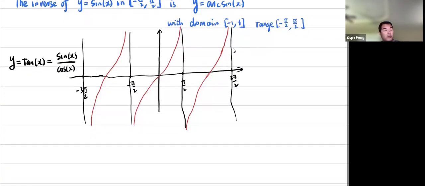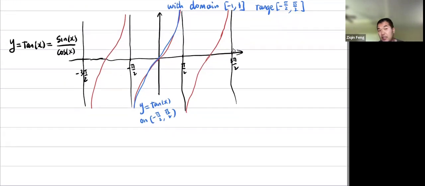Again, this function is not one-to-one, not hard to imagine. So why does the inverse exist? We look at only a piece of this function: y equal to tangent of x on the interval from -pi/2 to pi/2. On this blue part, the function is one-to-one, which means the inverse exists.